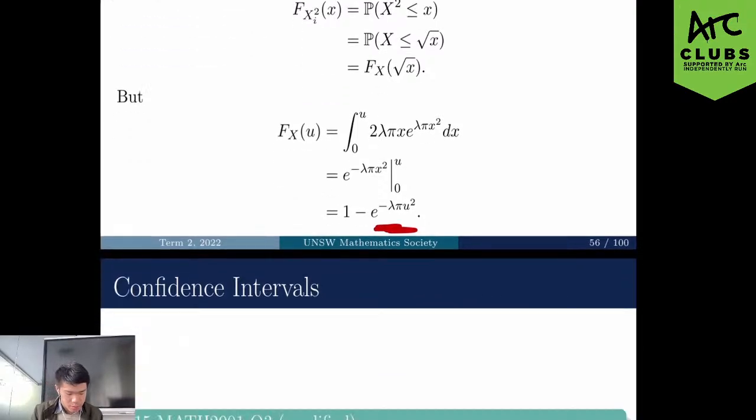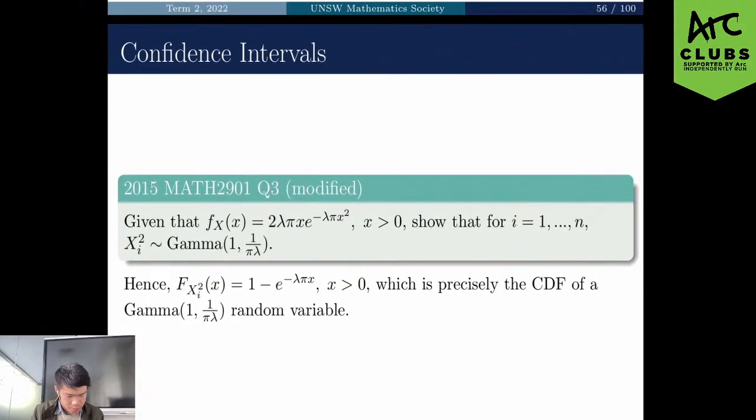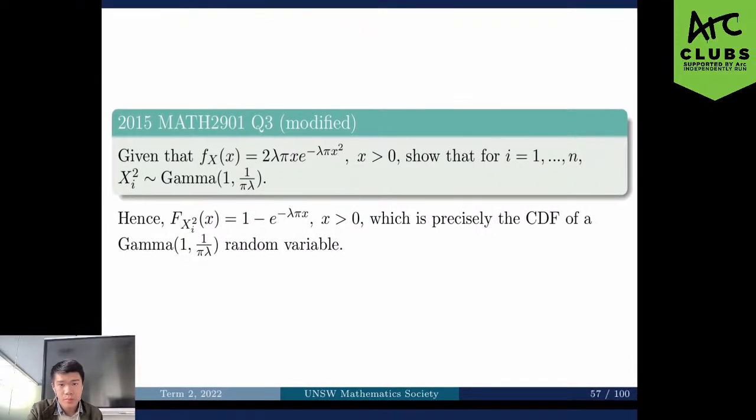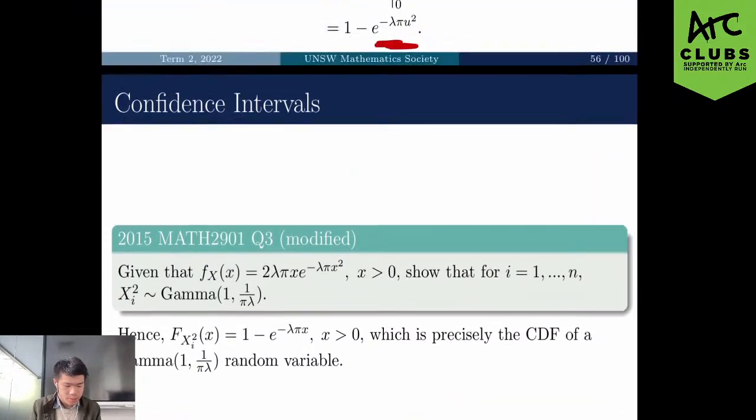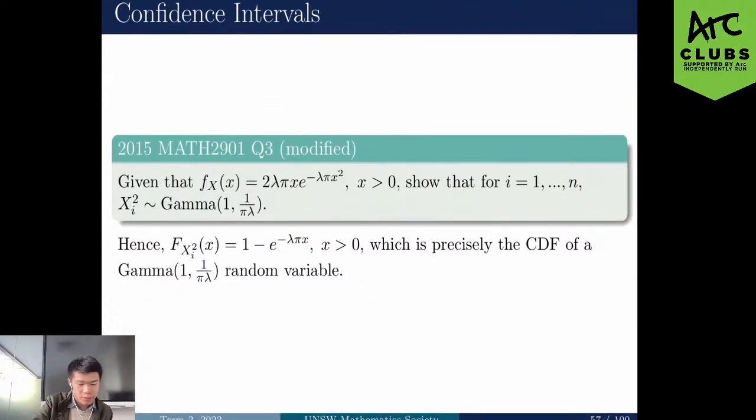What you end up doing is you sub in root x, and then you get the CDF of a gamma random variable, right? Because you look at this, you get 1 minus e to the minus lambda pi x, and if you want to, you can calculate the PDF.